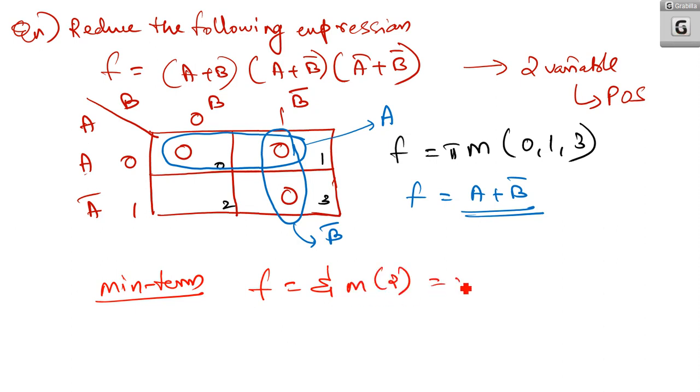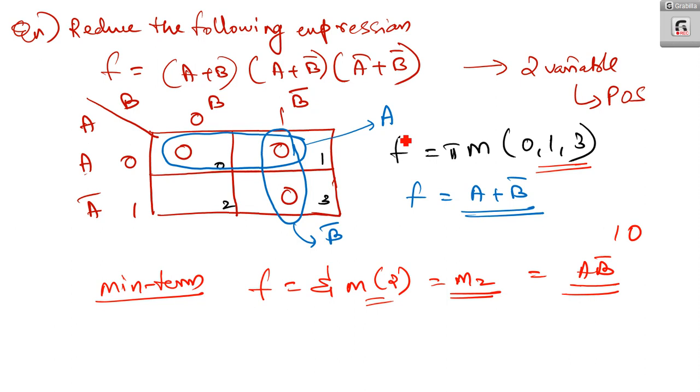What is it? That is equal to small m2 only. What is small m2? You will get 1, 0. So that is equal to A B bar. That is the corresponding min term expression. That means whatever numbers are there in max term will not appear in min term. So we can write m2. That means you will get A B bar.